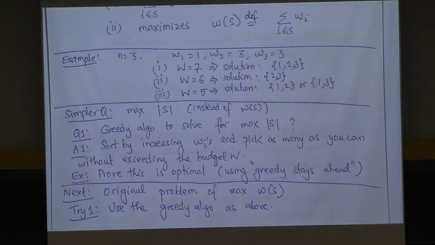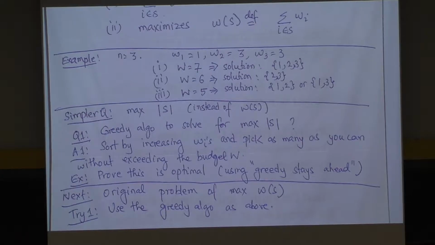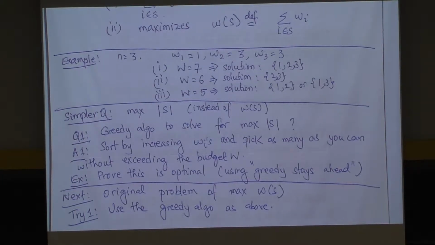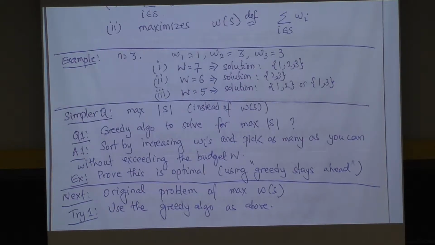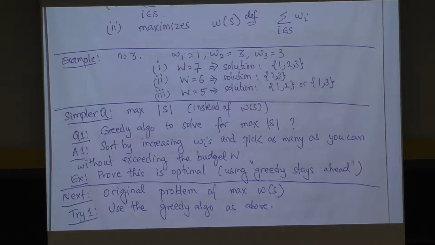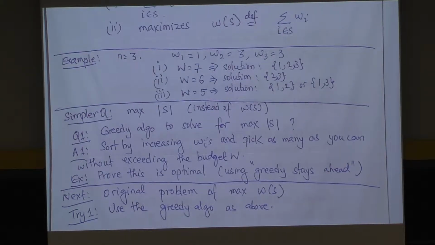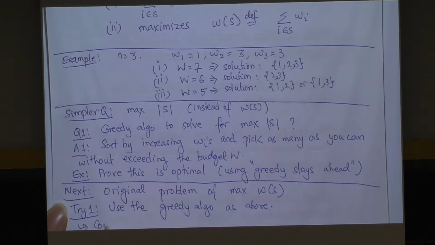And as you can guess, the reason why this would fail while trying to do the weighted thing is, again, intuitively what greedy is trying to do is pack as many elements as possible. It is looking at the weights, but its objective is to just maximize the number of elements that you put in. So here's a simple counterexample.